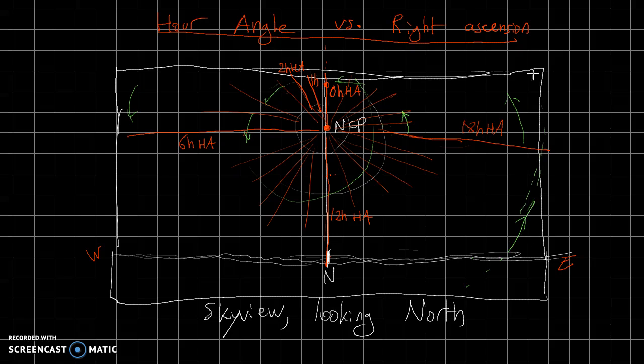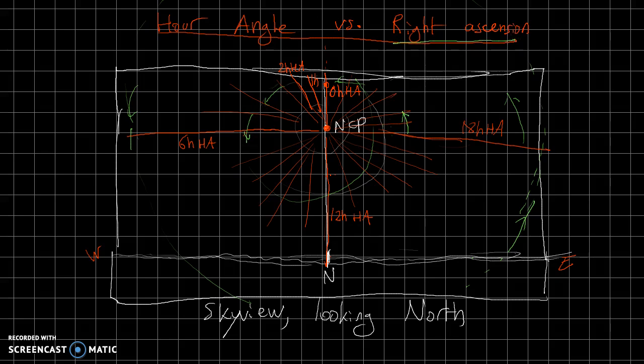These stars, all of them, go around and they transit at 0 hour angle, and then 6 hours later, they reach the 6 hour angle, and so on. Starting up, the hour angle increases towards the west. And this is the opposite direction of the right ascension.